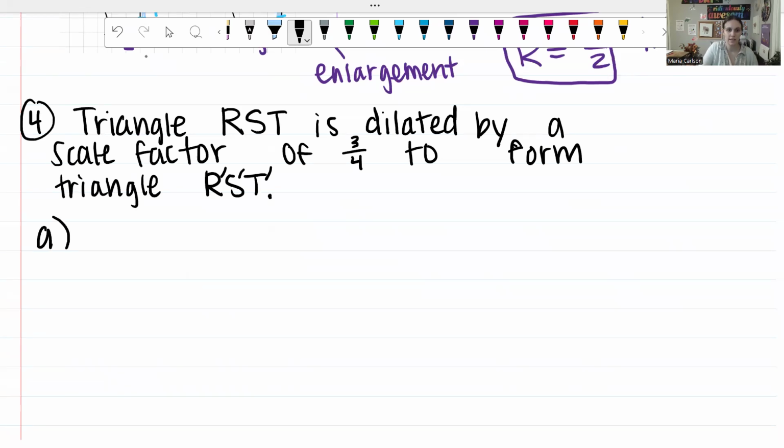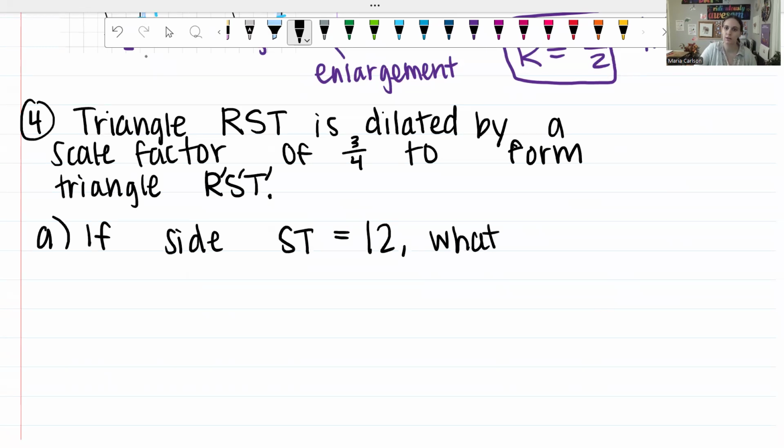Part A, if side ST is equal to 12, what is the measure of the S prime T prime?